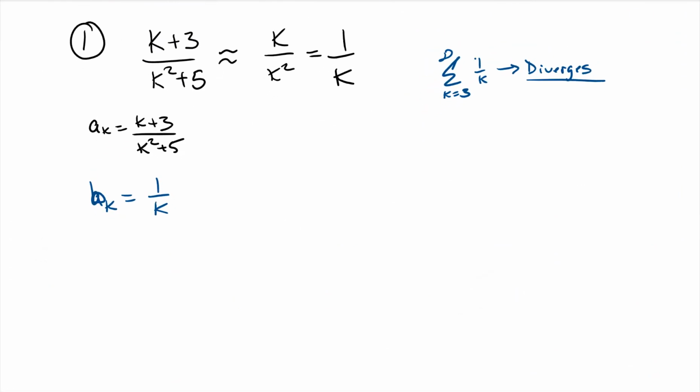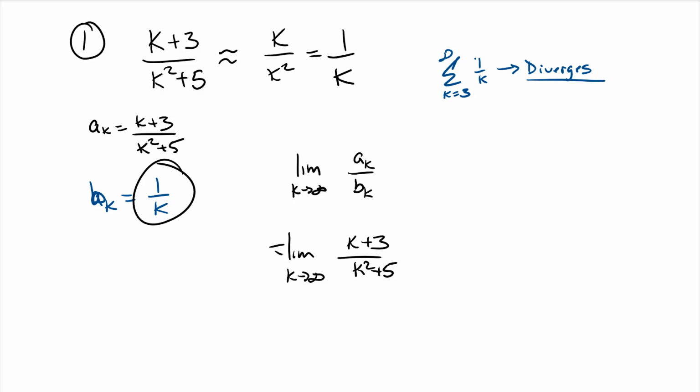So let's see what we get. Let's take the limit as k goes to infinity of our a sub k over our b sub k. I'm going to speed up. Then we're going to divide by 1 over k.